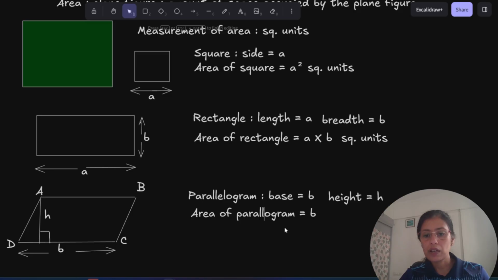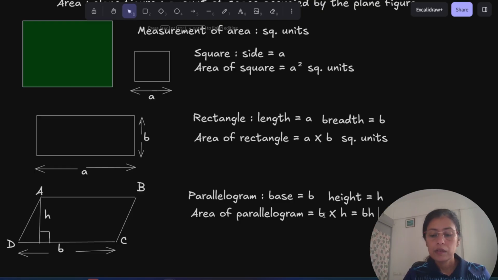So area of parallelogram will be B into H. Or we can say BH, square units.